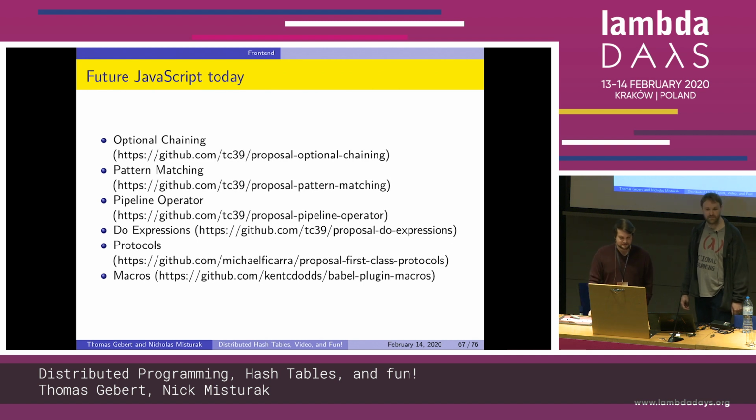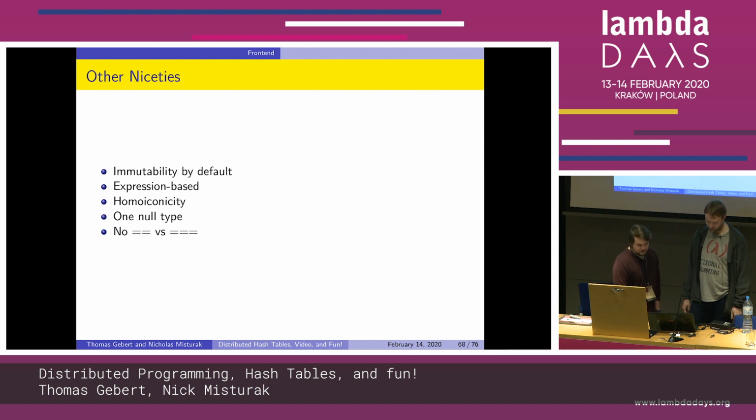Do expressions, the ability to have this expression-based control flow. Anytime I want to turn an if statement into something more expression-based, I have to throw in an immediately invoked function expression just to get it out of the way. So there's a lot of things that are a lot more straightforward and easier to do in ClojureScript.